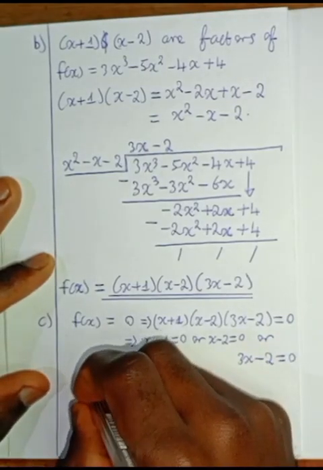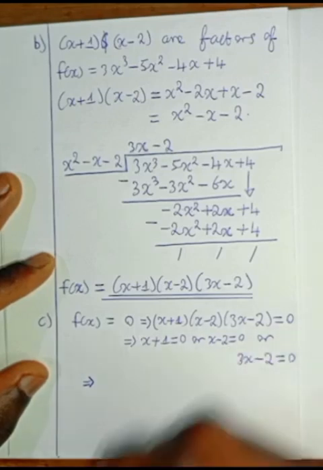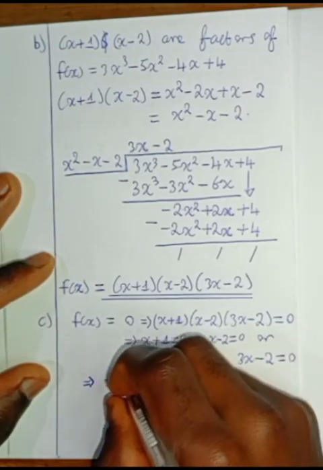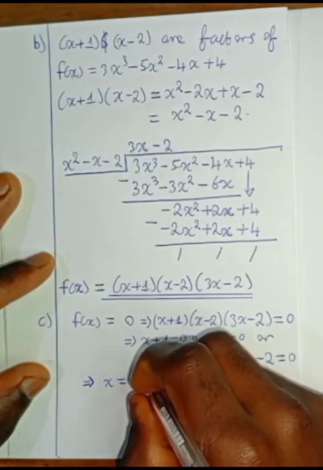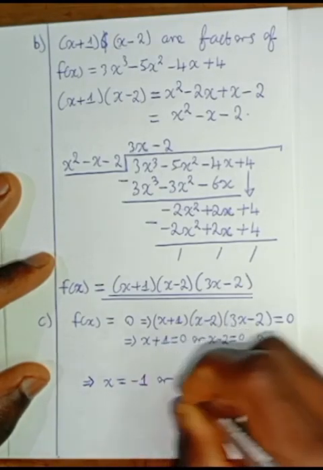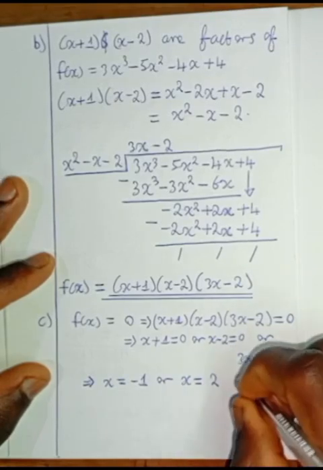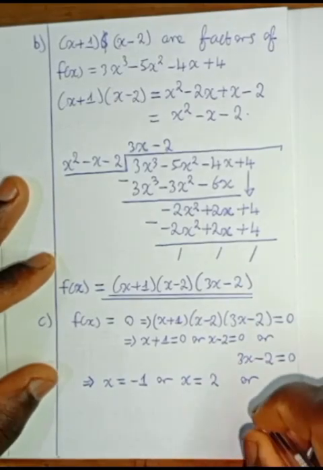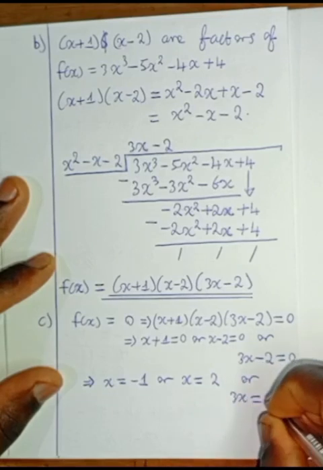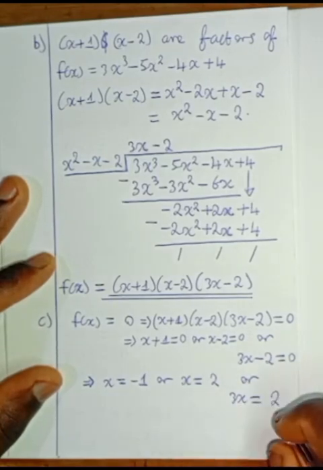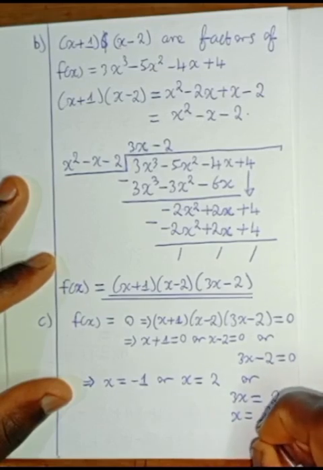We are going to solve for x in the three linear equations. For the first one, x will simply be equal to negative 1. We transfer 1 to the right hand side, which becomes negative. Or x is equal to 2, or for the third one, we have 3x equal to 2. If we divide both sides by 3, x will simply be equal to 2 thirds.